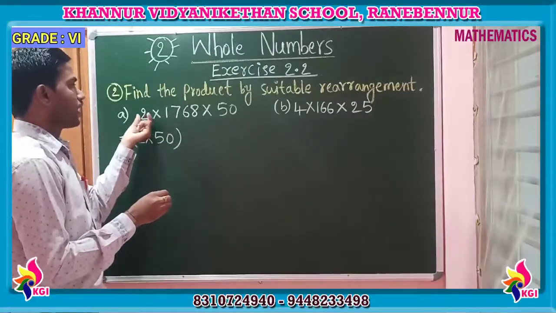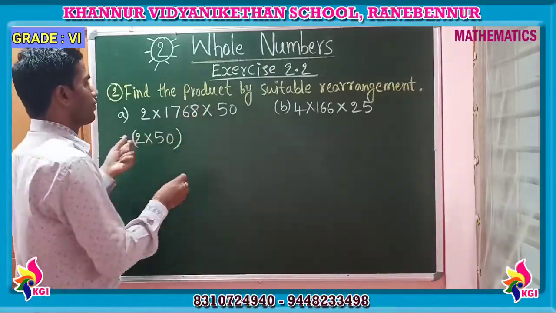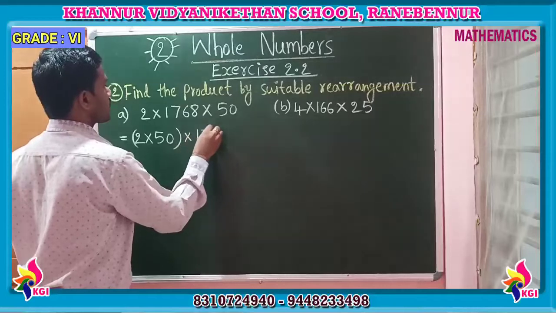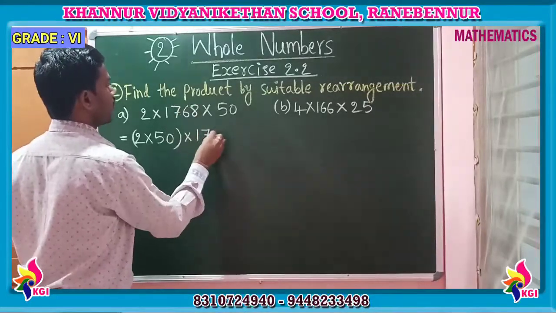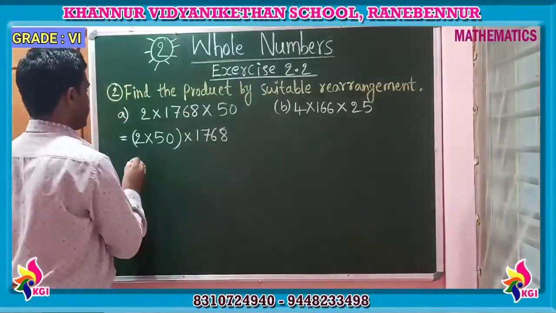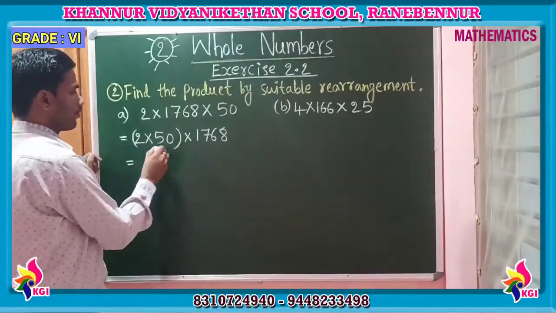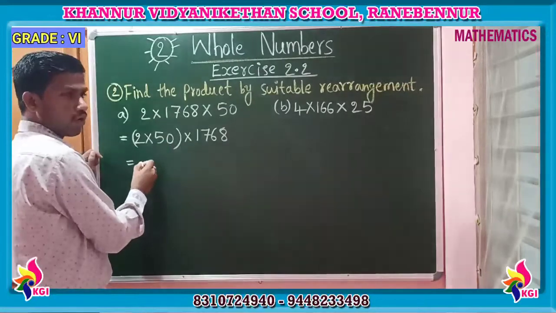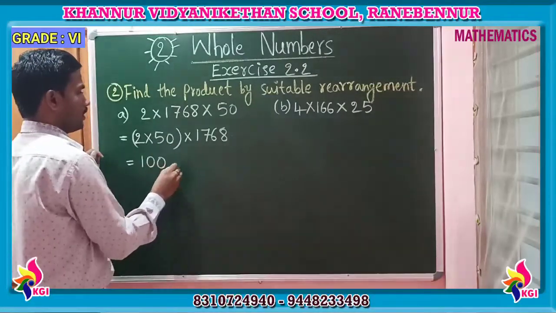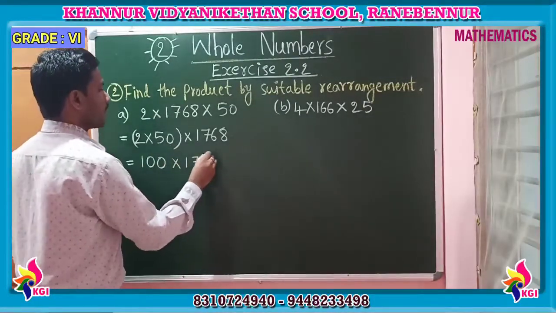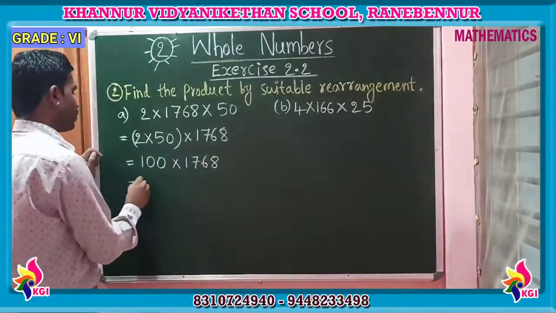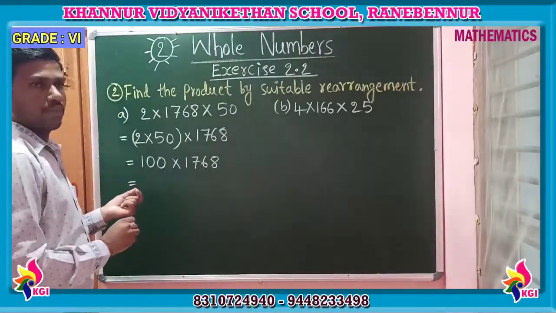So first multiply 2 into 50, then take the second number 1768 outside. Now multiply 2 and 50. 2 into 50 is how much? 100. So 100 into 1768. My dear children, you know the multiplication sums.